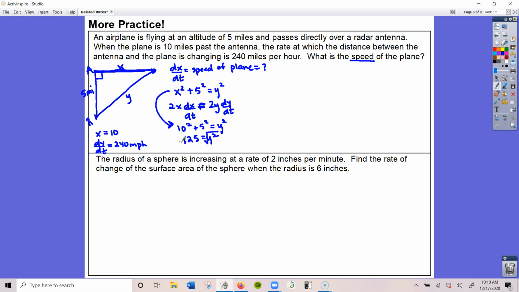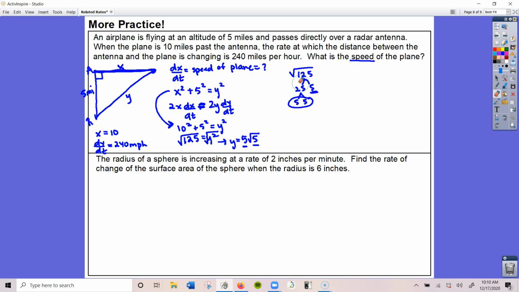And when we square root both sides, y is equal to the square root of 125, which you can simplify, and it would be helpful if you do, to 5 square root of 5. And if you need a reminder of how to simplify square roots, 125 is 25 and 5, and then 25 is 5 and 5. So this 5 gets to go on the outside, and this 5 would have to stay on the inside. So that's where that came from.